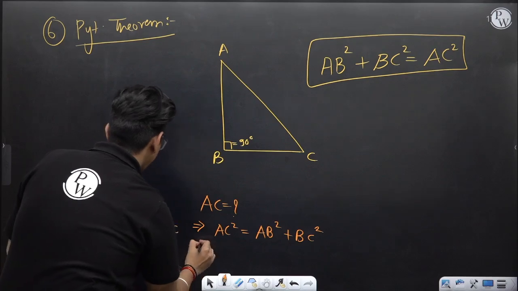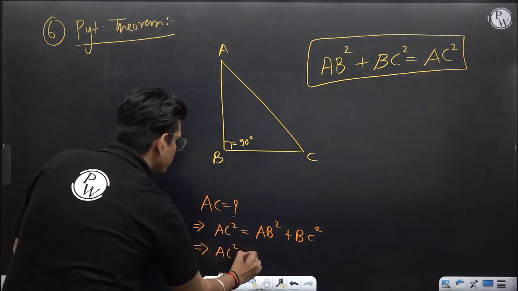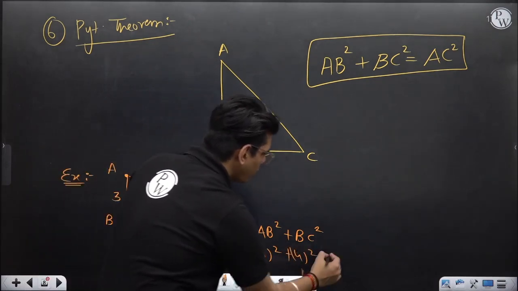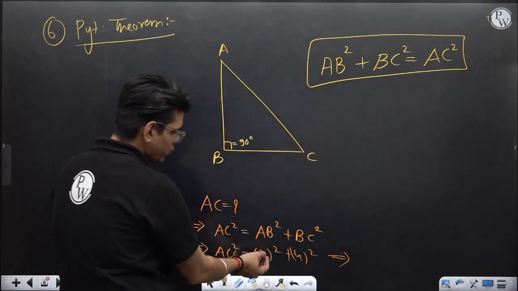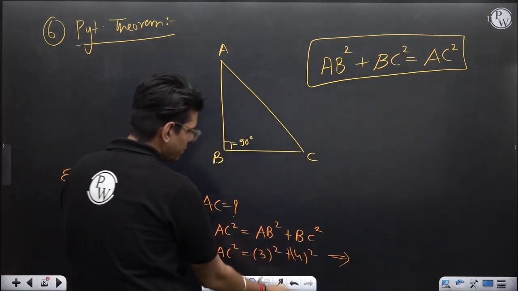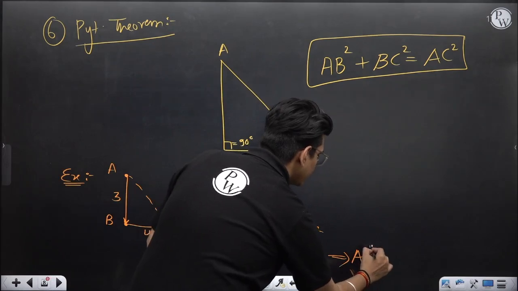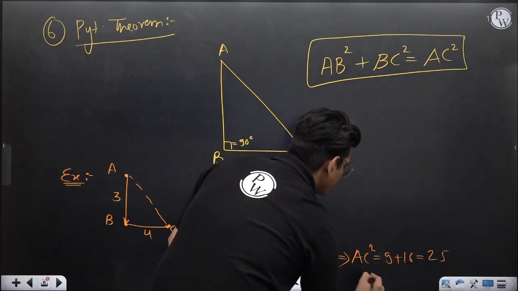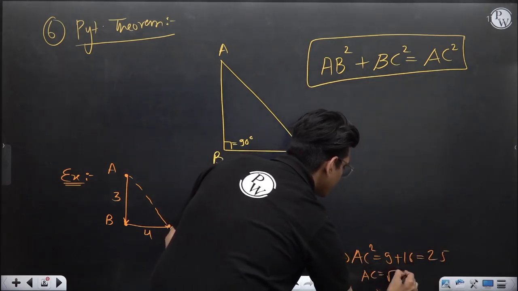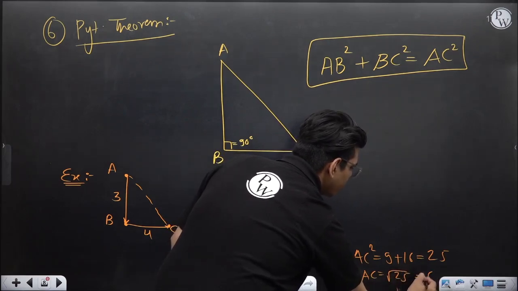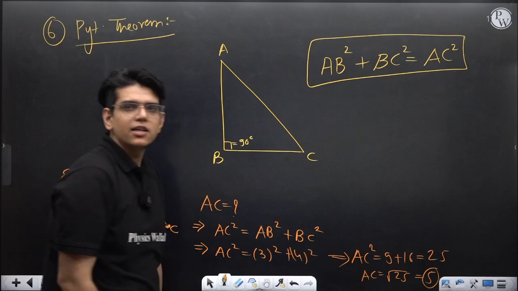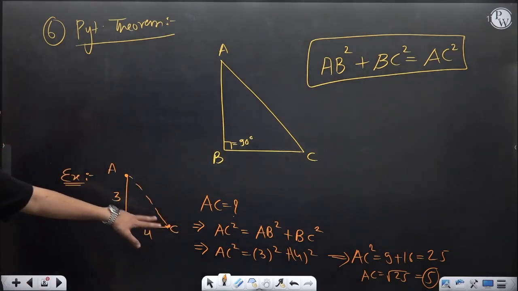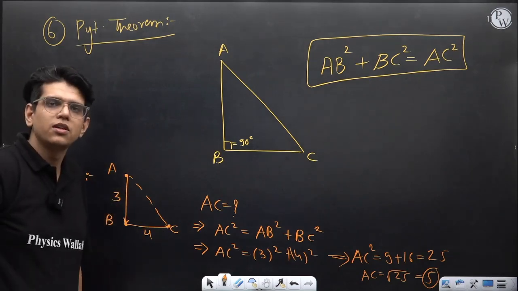This is AC square equals 3 square plus 4 square, right? 3 square is 9, 4 square is 16. AC square equals 9 plus 16, which is 25. From here, AC is root over 25, which is 5. So by using Pythagoras theorem, we can calculate the final distance between the initial and final position, right?